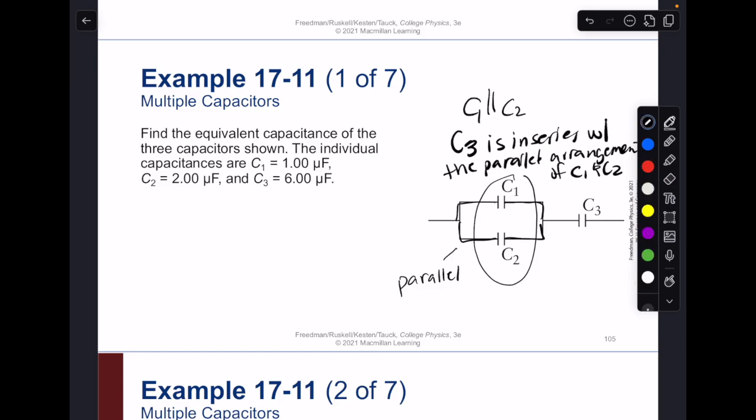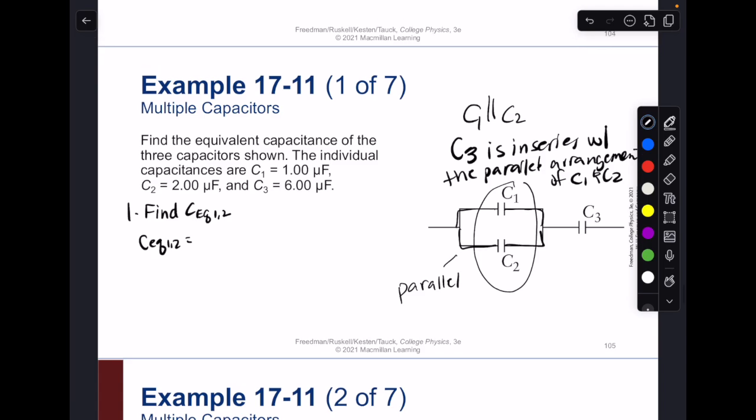So the first step is find C equivalent 12. And well, C1 and C2 are in parallel, so that's easy. Adding capacitors in parallel, you simply add their capacitances. And so we get 3 microfarads.